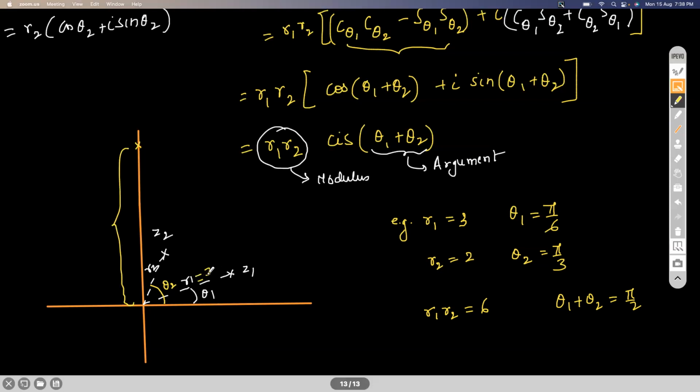Let's say if this was 3, this was 2, this was 30 degree, and this was 60 degree, then this will be your position of Z1, Z2. That means at a distance of 6 and making an angle of 90 degree. Okay, understood? Understood what is happening? This fact is important to us, my dear. Any questions, any concerns here?